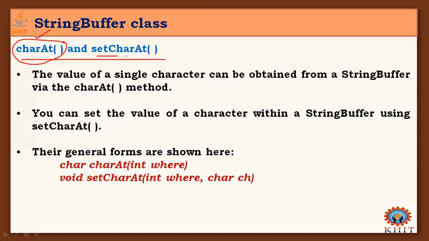But setCharAt, set character at a given position, is not allowed in the String class, but the StringBuffer class is for modifying the content of a string, so it is allowed at a particular position when you pass one character. If you see here, these are the two forms for charAt and setCharAt. So the charAt function returns the character value from the string based on the index given. And this setCharAt method is a void type, and it takes an index and a character to replace or set that position with the given character.